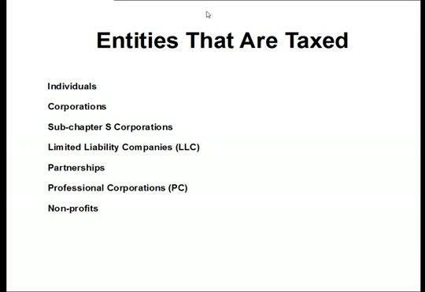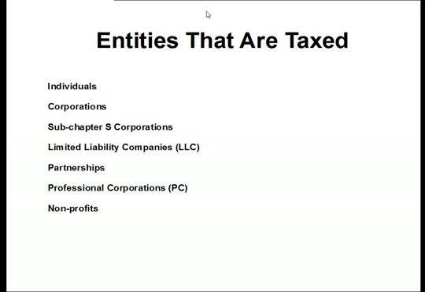Next is a nonprofit. A lot of people don't realize this, but at the state level, nonprofits are usually corporations. They're a regular corporation, just like any other corporation. The nonprofit part only comes into play when you're talking about state income tax, sales tax, federal income tax, different excise taxes, that sort of thing.